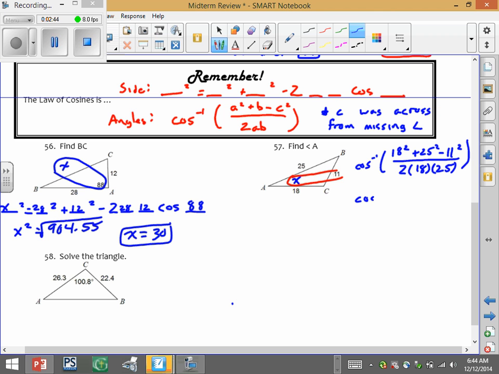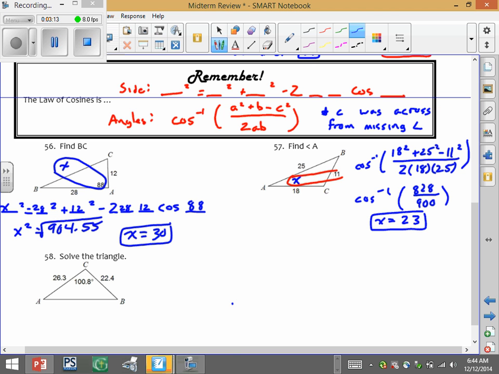My recommendation is to do it one piece at a time. 18 squared plus 25 squared minus 11 squared is 828. Now 2 times 18 times 25 is 900. Now I'll go to the calculator to do the cosine inverse of 828 over 900, and that gives me x equals 23 degrees.